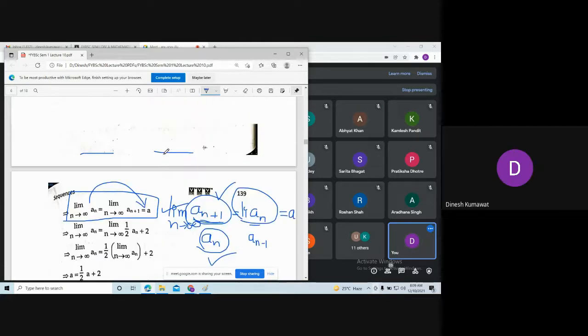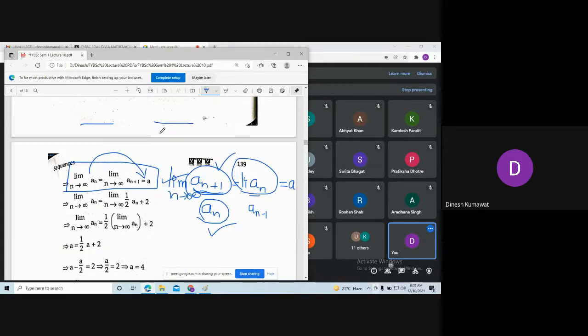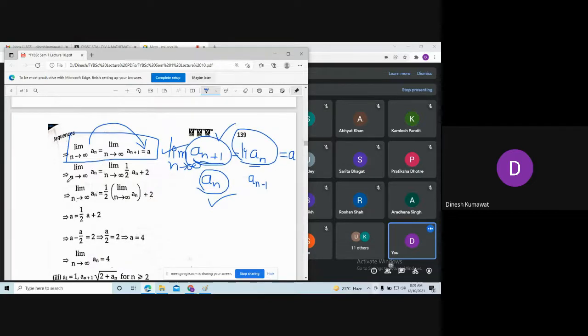So here, An plus 1 is converging to 2 because it is monotonically decreasing and bounded below, hence it converges to its infimum. So the limit as n tends to infinity of An is the limit as n tends to infinity of 1 upon 2 times An plus 2.